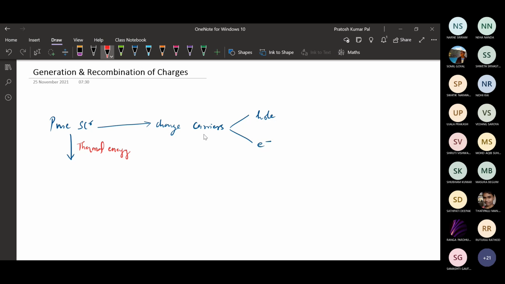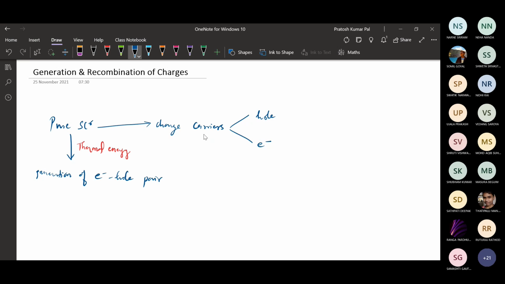Okay, so once we have applied the thermal energy, the generation of electron hole pair will be there.